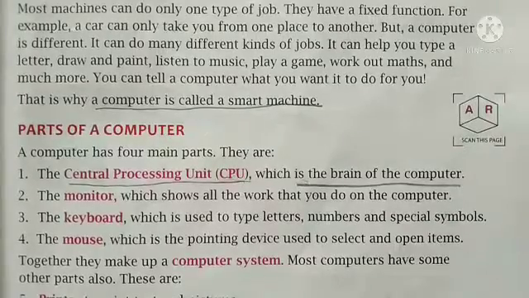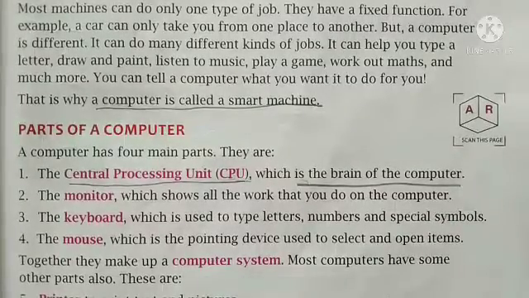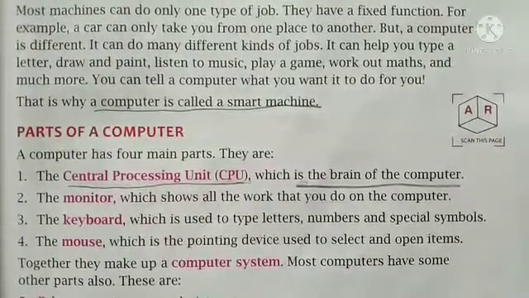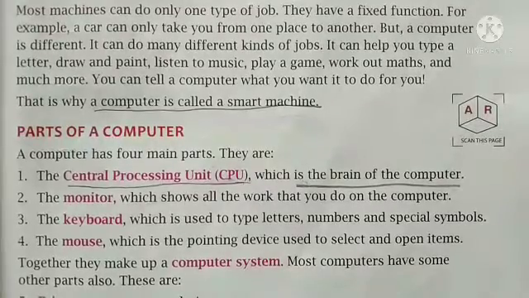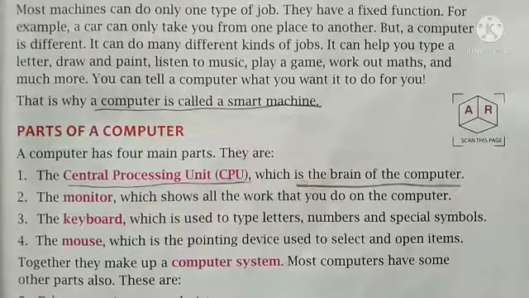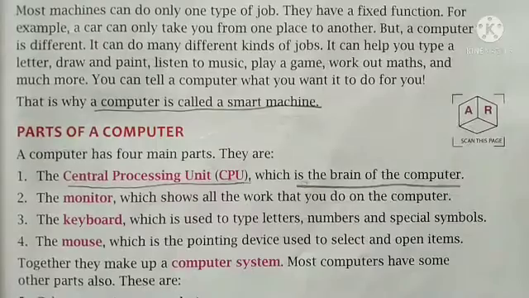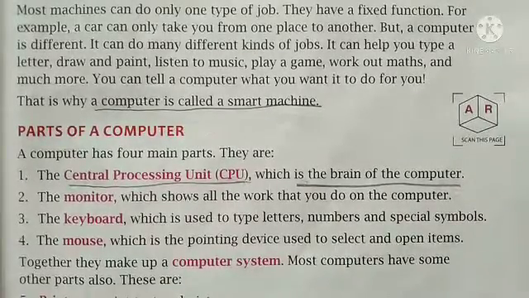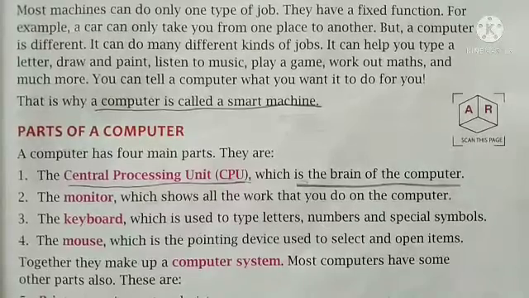Third is the keypad or keyboard. Keyboard helps us to type letters, numbers and special symbols. And the fourth part is the mouse. Mouse is the pointing device which we can use to select or open any items in our computer.